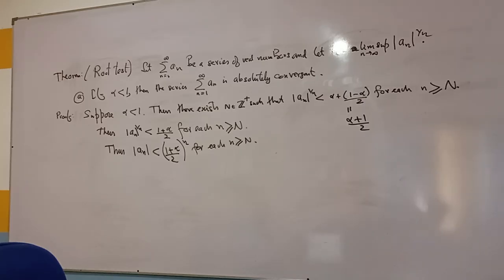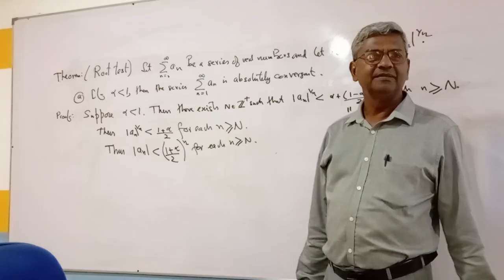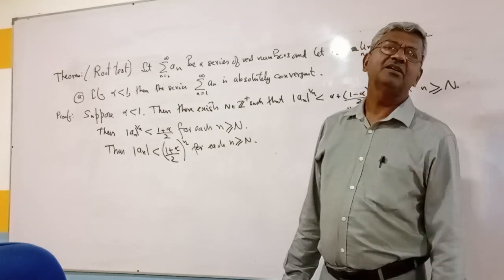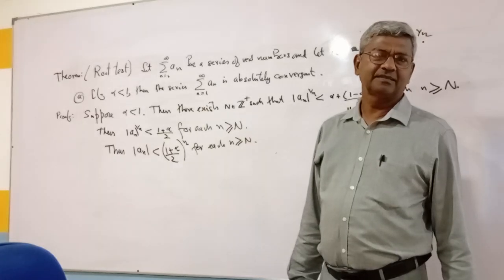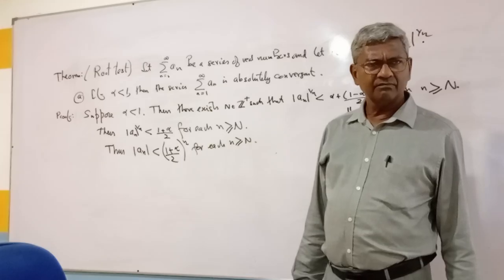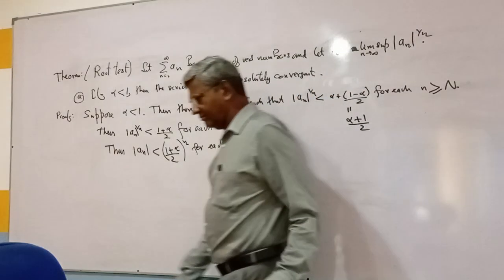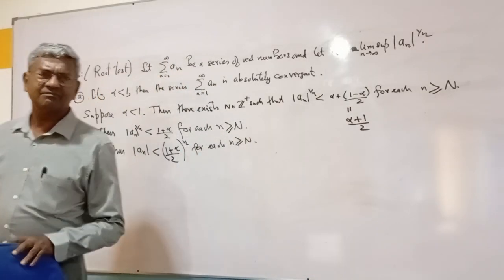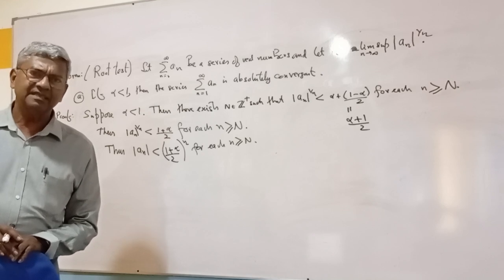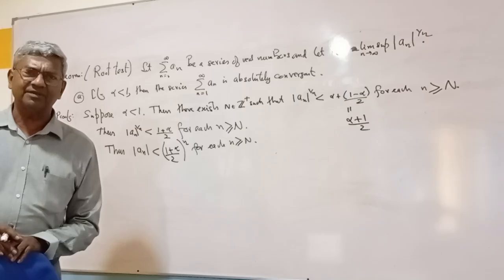Somehow he noticed something. He noticed this thing is less than 1. That's very good. Whatever was said after that is not correct. Just because the limit goes to 0, we cannot say the series converges. Sigma 1 over n diverges even though the limit of 1 over n is equal to 0.